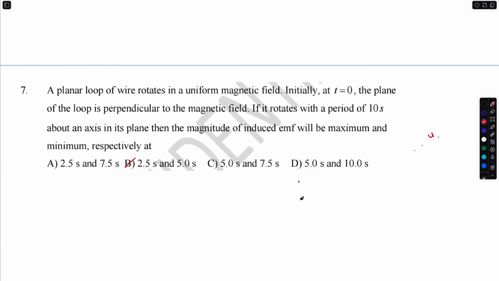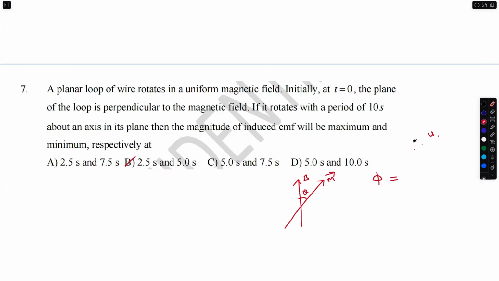For example, if this is the field and theta with the area vector, in this case, you will write flux. Please help me in writing this. What is flux? Flux is BA cos theta. EMF induced is N times. If there are N number of loops, since this is a loop, there is no issue.